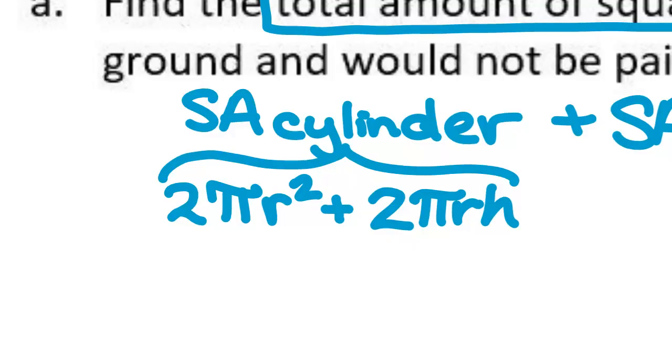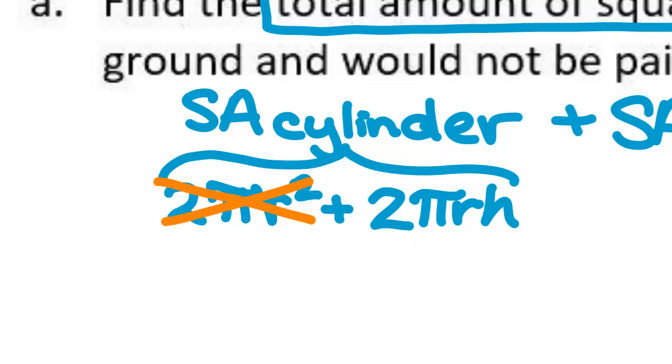2 pi r squared finds the area of what? The circle. How many circles are in a cylinder normally? 2. How many of those circles would be painted on this silo? Which one? The one on the bottom? The bottom base is on the ground. We wouldn't paint on the ground. So none, yeah. So we don't need this part.